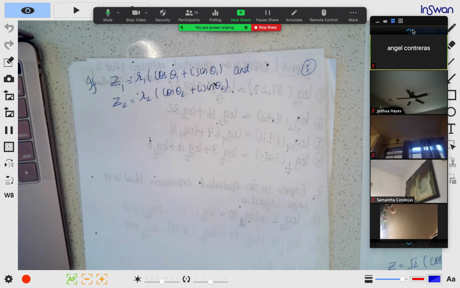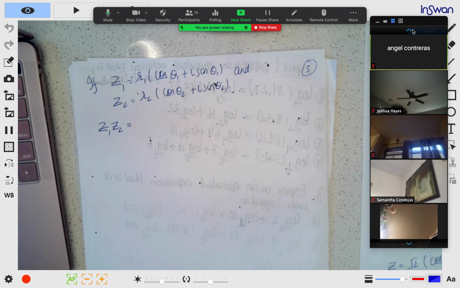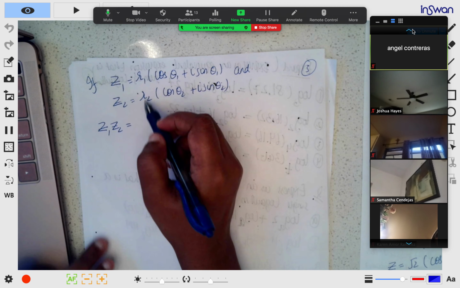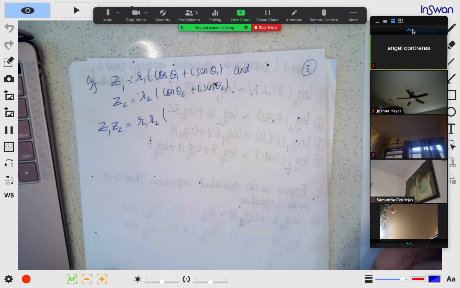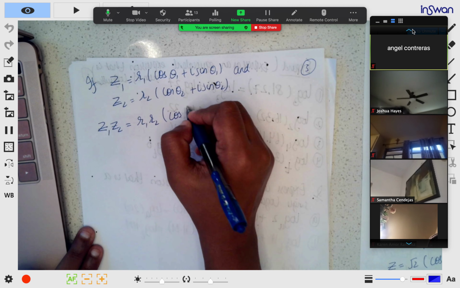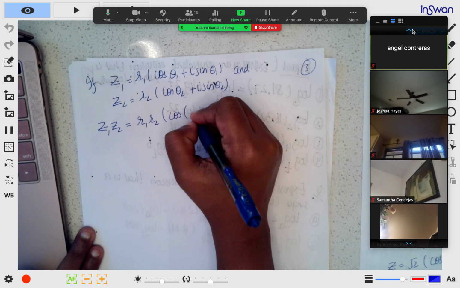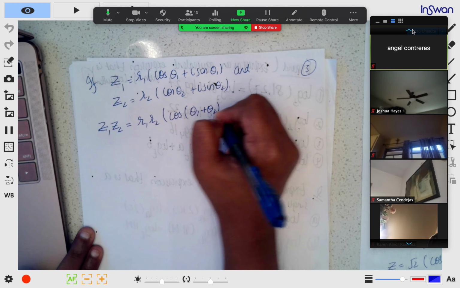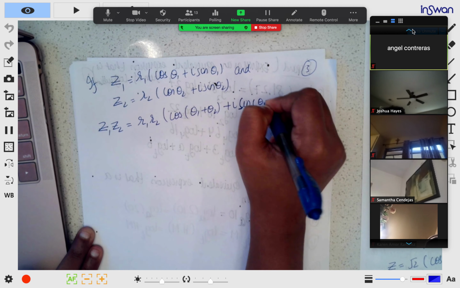And if I say you have to multiply these two complex numbers, how you're going to multiply is you're going to multiply their r's, so it will become r1 times r2, but it will become cosine, but you're gonna add their theta, so it will become theta 1 plus theta 2, plus i sine theta 1 plus theta 2.